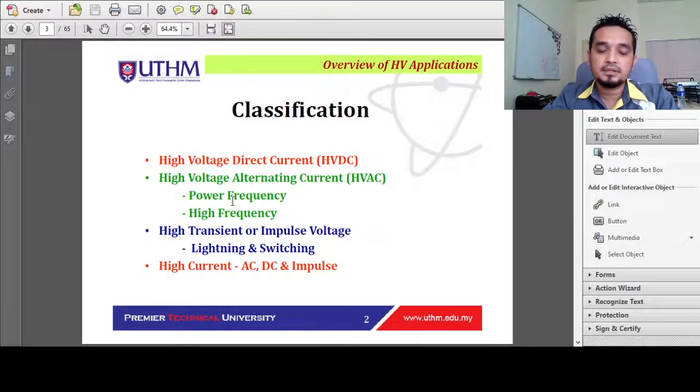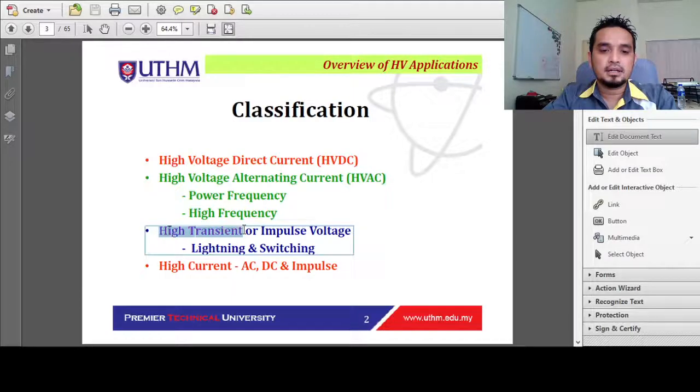Power frequency is 50 or 60 hertz, as we already know, and high frequency is for laboratory test purposes, so that we can further validate the functionality of any device or installation that has been developed.